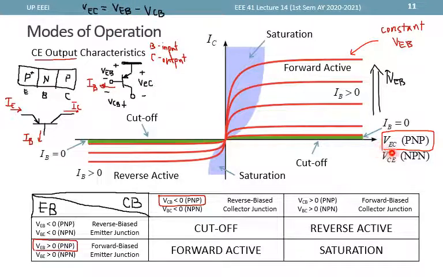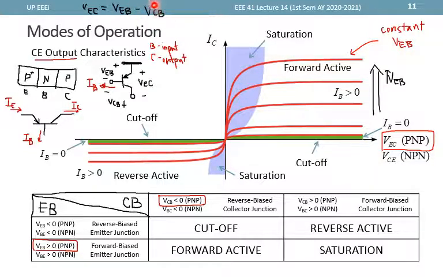As we increase VEC, and with this minus sign right here, it means that as VEC increases, VCB actually decreases.